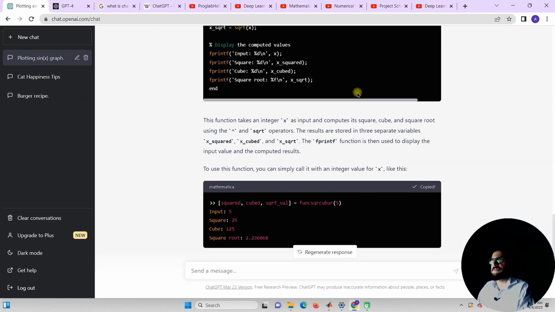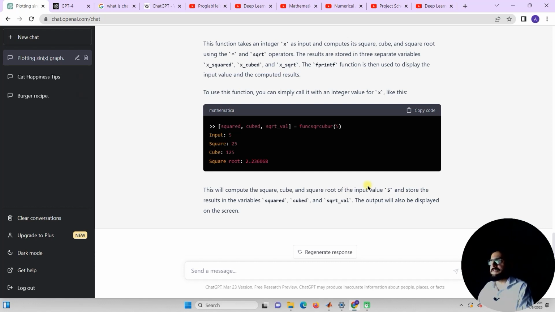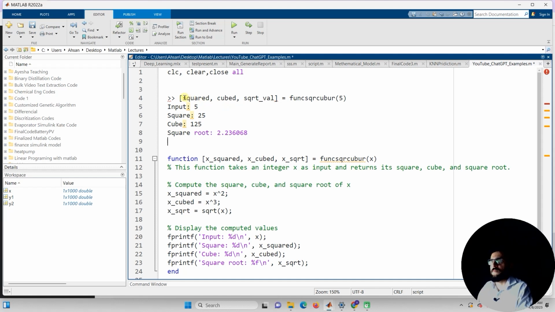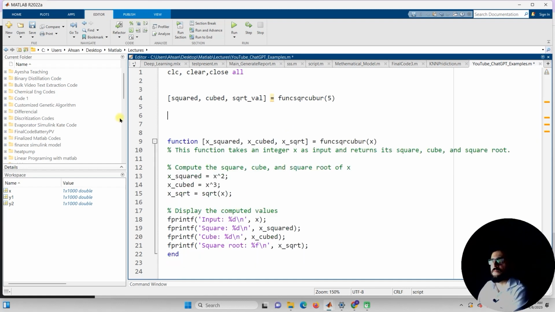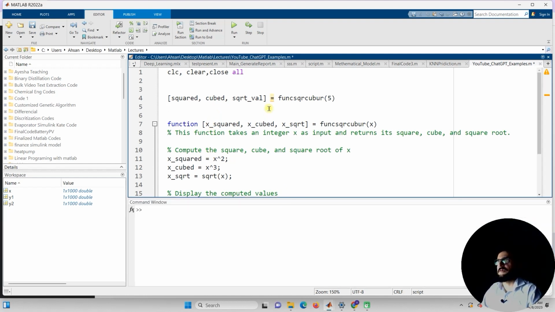So this is the function here, and this part is used to call that function. We define the function at the bottom always, and we call that function here. We are giving 5 as an input, and it will return the square, cube, and under root value. Let's run this function.